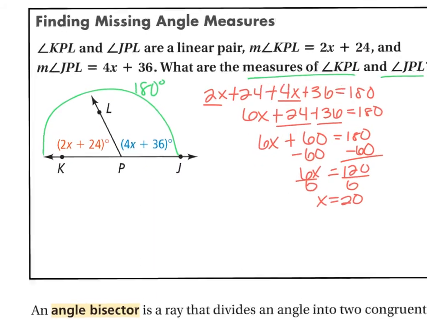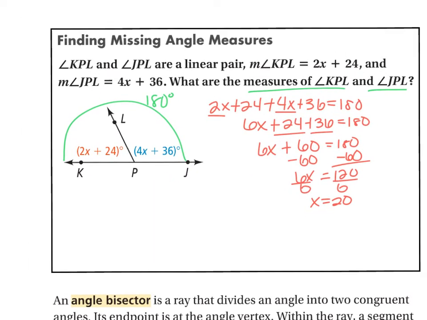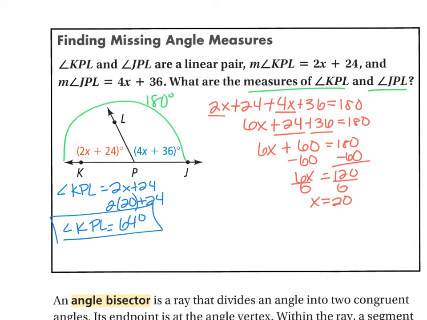Now we have to figure out the angles. So angle KPL is 2x plus 24. So this will be 2 times 20 plus 24. That'd be 40, 64. So KPL is 64 degrees. That seems like a realistic number.